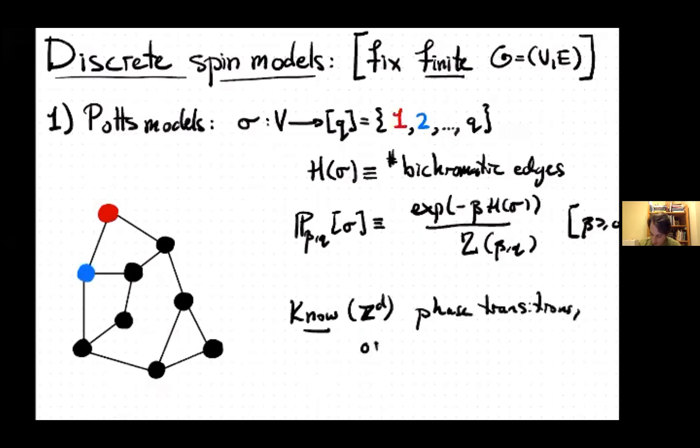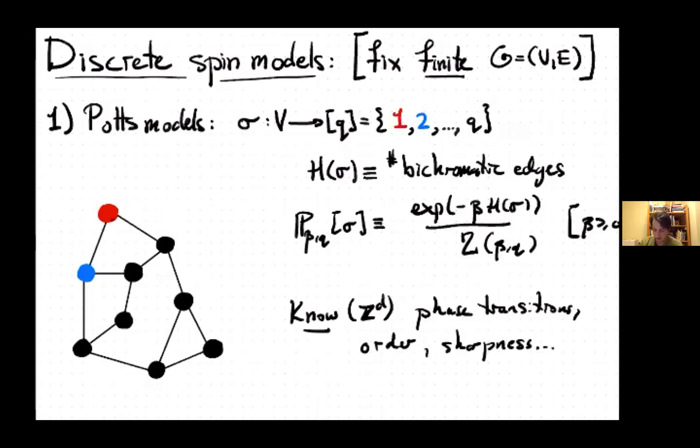We know the order of the phase transition in many cases. For example, when q is large, it's a first order phase transition, while if q is 2, it's a second order. q equals 2 is the Ising model. We know things like sharpness of the phase transition and many other things. So this is an extremely well-studied model, and we understand what to do and how to study it.